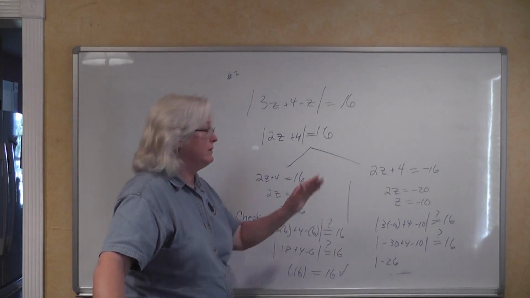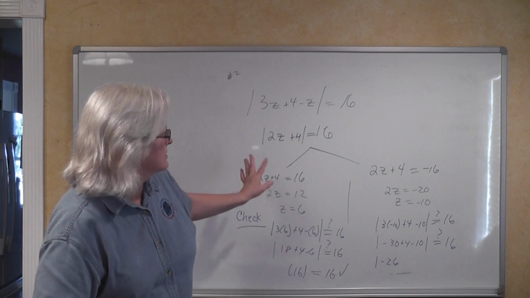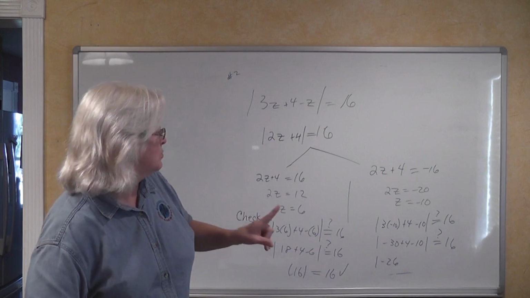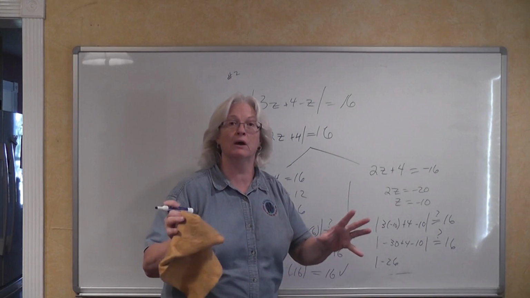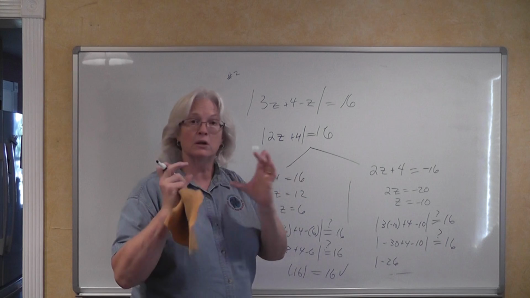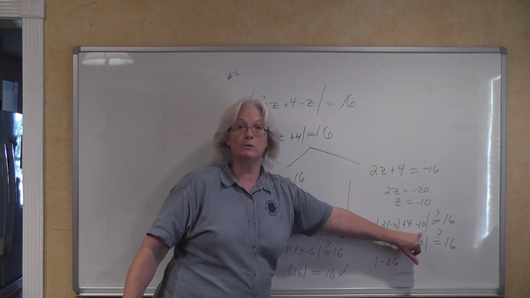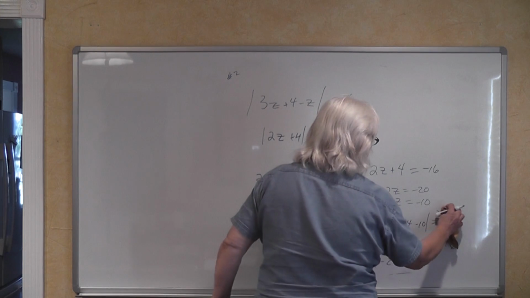I make it a point when I have a problem here not to redo this, because I knew that this answer had to work. It works up here. This is what I've said. When you substitute in, what have I said? Especially when you have negative numbers, you should enclose that in parentheses, because if you don't, you're prone to dropping the negative sign. And that is exactly what I did here.